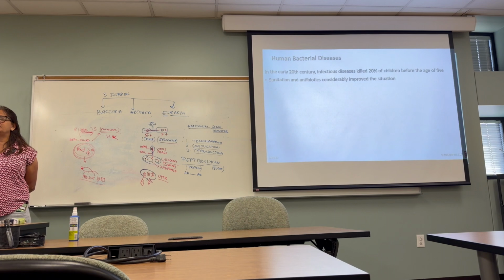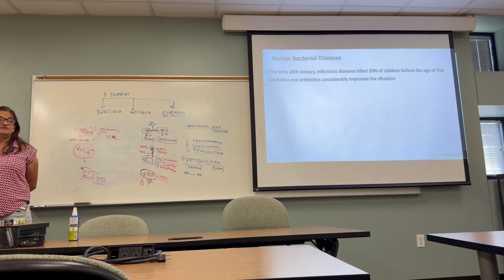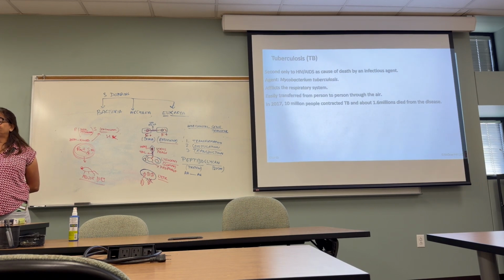These things people were not aware of. That's why we had those infectious diseases, and it was very easy that people could contract those diseases and would die. But as sanitizers evolved, and then later antibiotics came into being, the condition improved slowly.